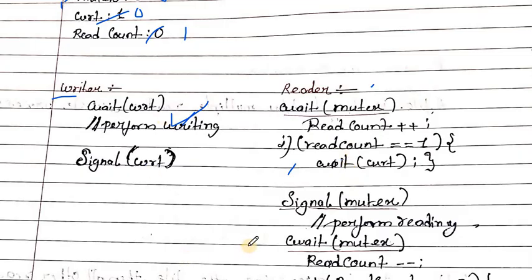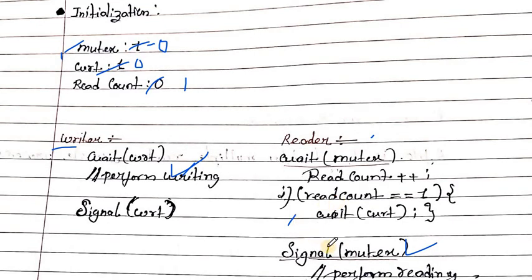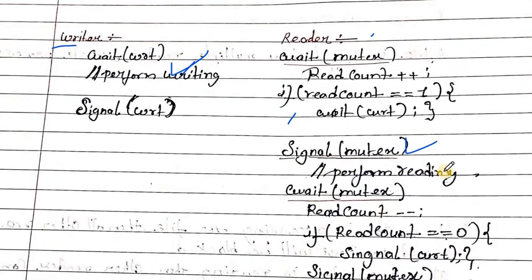The condition is true, it comes out of the loop and does signal mutex 1. Now it is permitted and opens the file to read. So it does mutex 1, and now it is performing reading.